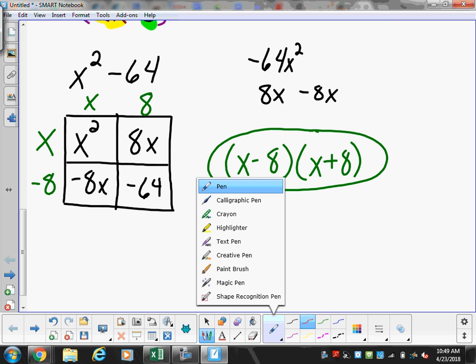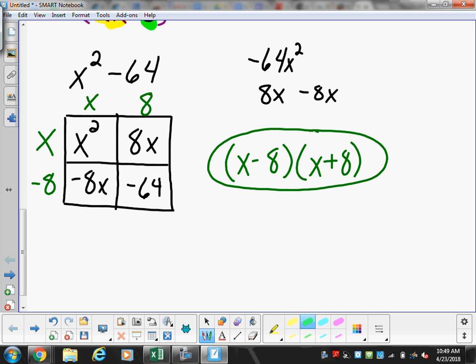Right. So back again like we had a while ago, what are some things I noticed? If I take those two terms and multiply them together, what do I get? I get that.